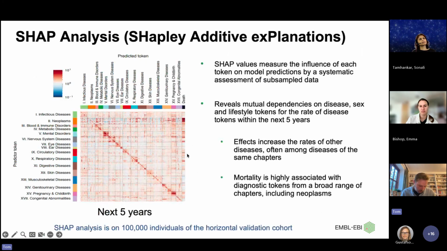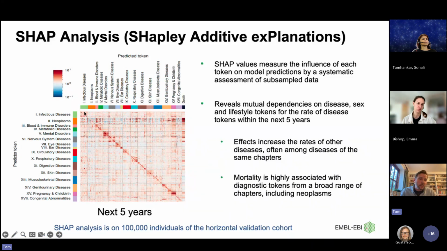Another way that you can think about what the model's actually thinking about interactions between different factors, different diseases, is to look at this kind of SHAP analysis, which is essentially a sampling technique which allows you to look at the importance or the impact that a token has on the prediction of another token, or disease in this case.